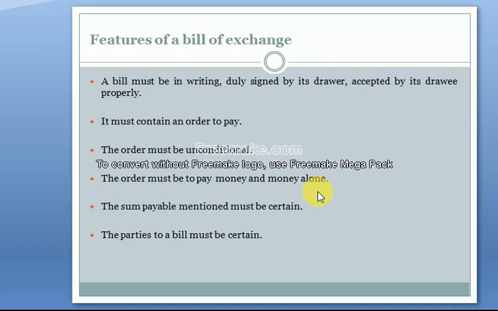When we receive the goods, we immediately make the payment of that bill of exchange. That bill of exchange is called a sight draft. It means a sight draft is a bill of exchange in which immediate payment is made by the borrower party.